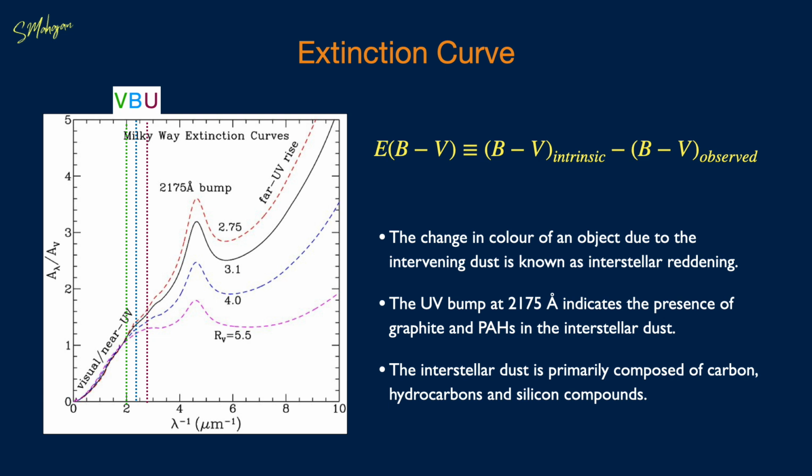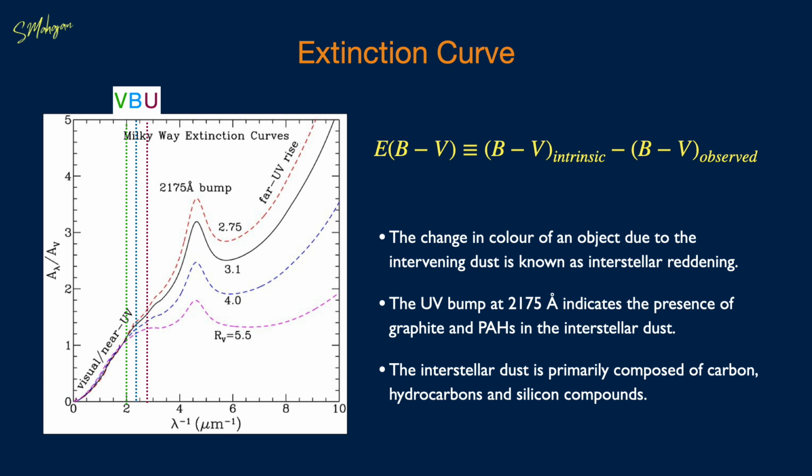This change in color of an object due to the intervening dust is known as interstellar reddening. The more the extinction, the higher the reddening. The term reddening itself implies that the blue or short wavelength light is shifted to redder or longer wavelengths.